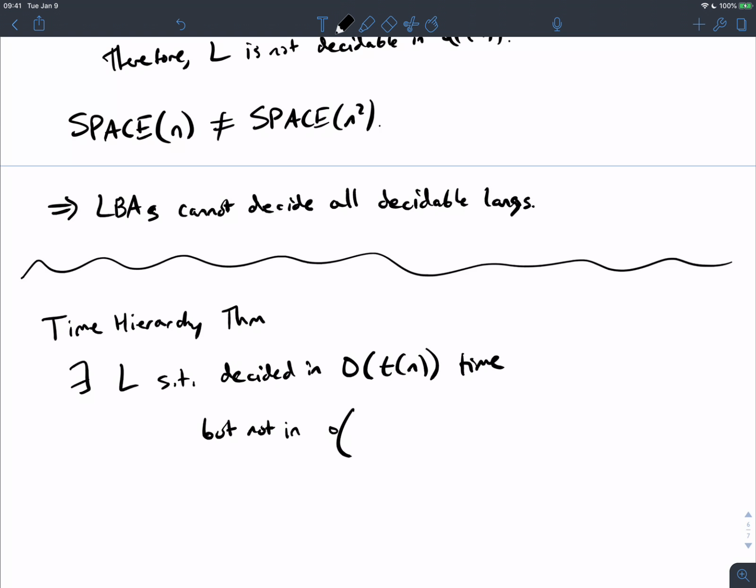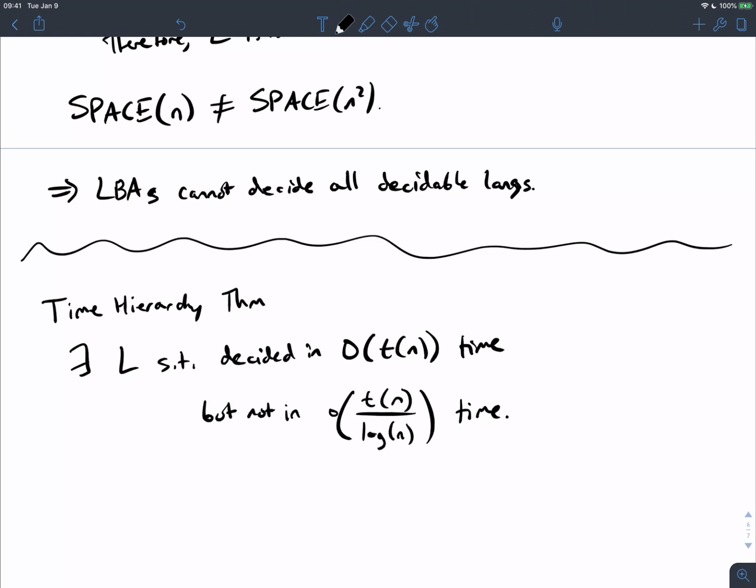But here it's not just little o of T of n, it's T of n over log n time. And I'm not going to prove this, so you don't have to worry about it. It's just for your own thought.